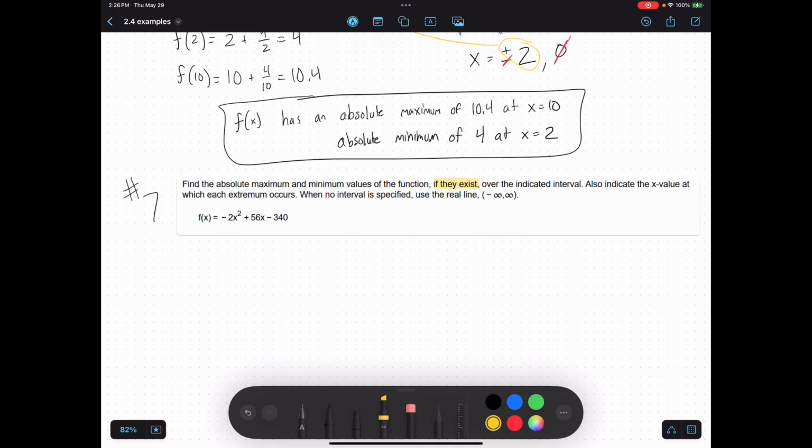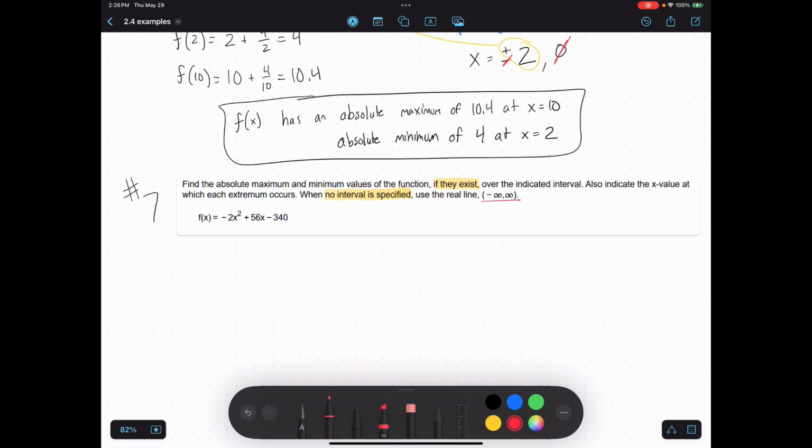Well, remember, if I have a closed bounded interval, then they're guaranteed to exist. So the only way it's possible that they don't exist is if I don't have an interval. And sure enough, with this function, no interval is specified. And so it tells us to just use negative infinity to infinity.